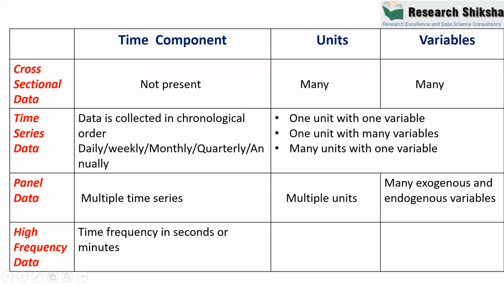So I hope it is clear. Panel data must have all three properties, otherwise you can't say that it is panel data. And I'm telling you from my long experience with research and consulting that panel data must have all three features: multiple time series, meaning you must have the time component in the data, multiple cross-section units, and then multiple variables.